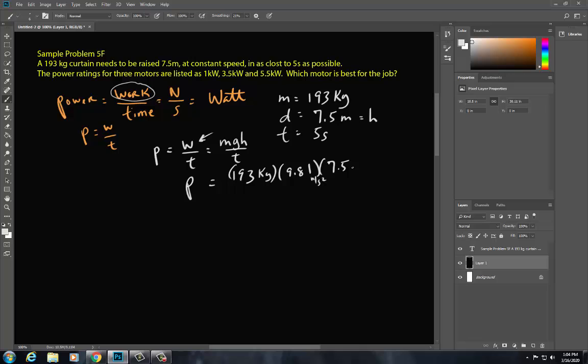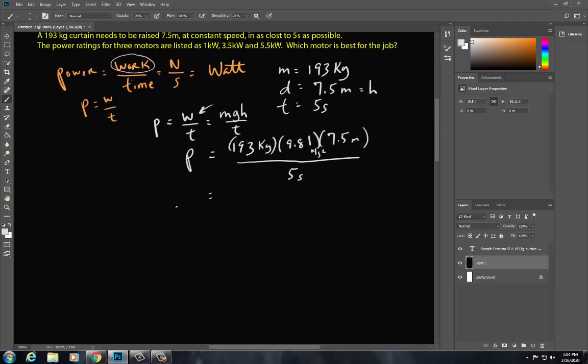This is 7.5 meters. If you do all that math, the top becomes joules, and we want to yank this curtain up in 5 seconds. So power is equal to, after you do all that, 193 times 9.81 is 1,893, and we're going to multiply that by 7.5, and then divide all that by 5.